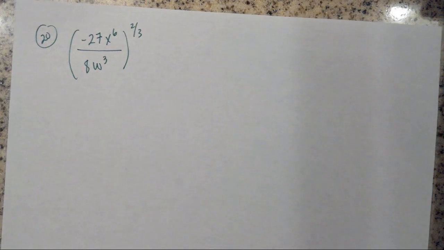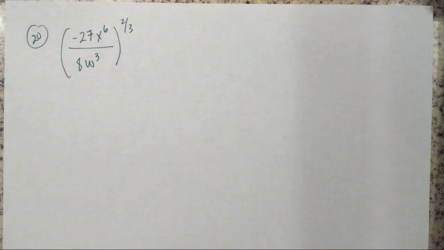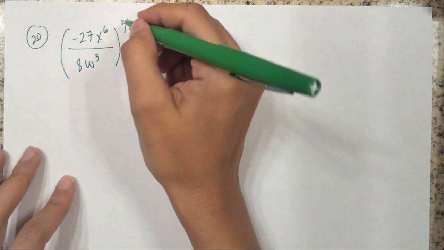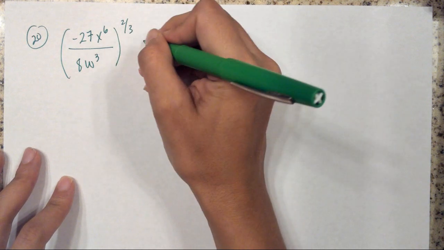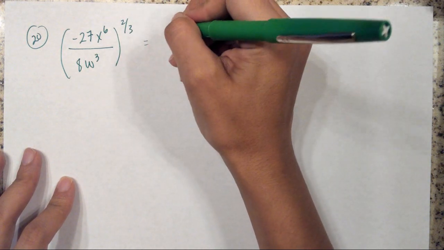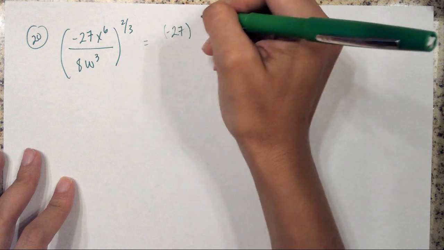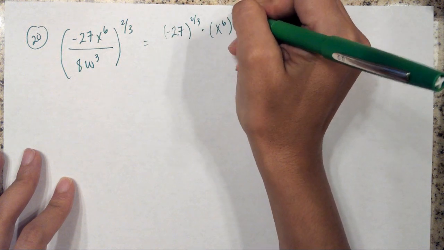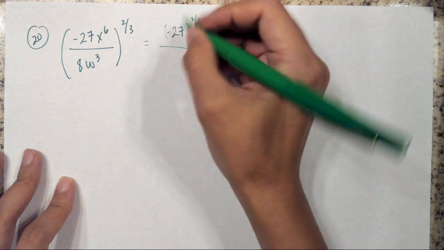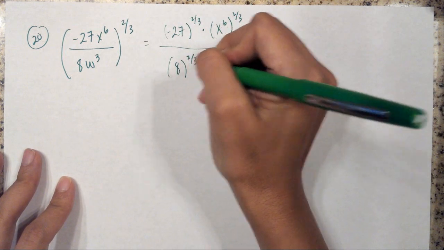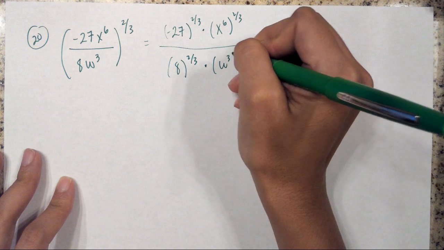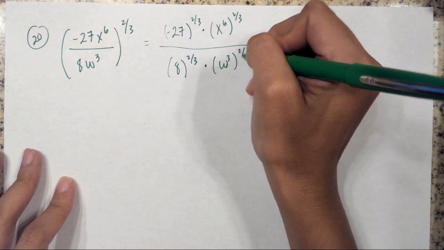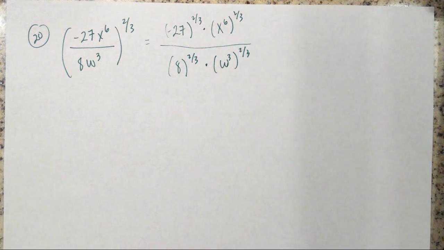For this one, I am going to distribute my 2/3 to each term. So it's going to look like this: negative 27 to the 2/3 times x to the 6th to the 2/3, over 8 to the 2/3 times w cubed to the 2/3, just like that.